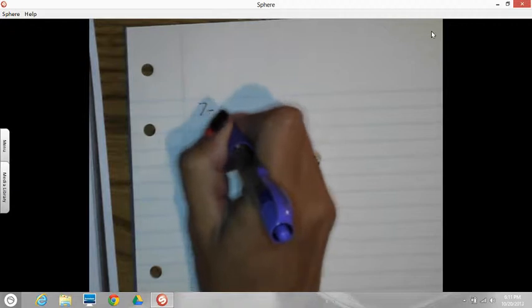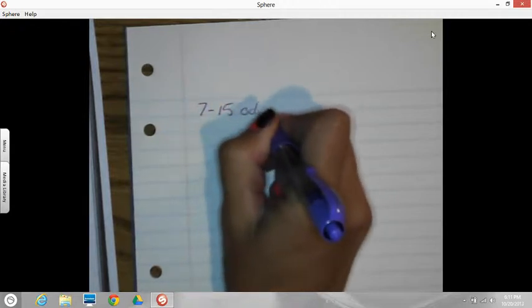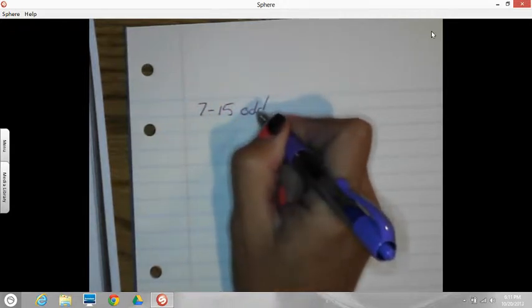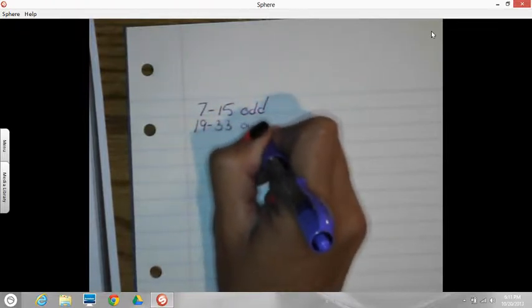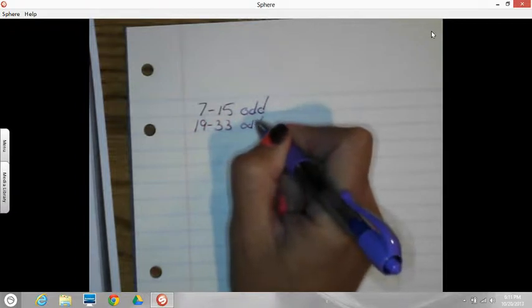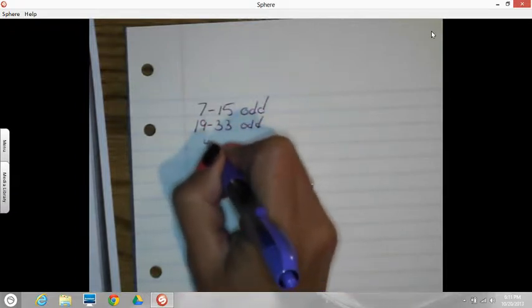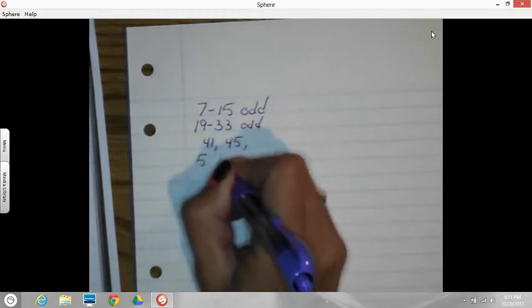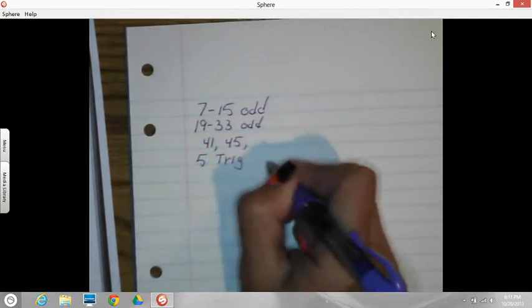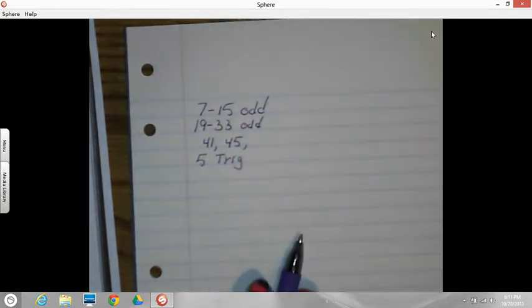You are going to do 7 through 15 odd, 19 to 33 odd, 41, 45, and then the 5 trig problems that I wrote on there. Okay, good luck with your chain rule.